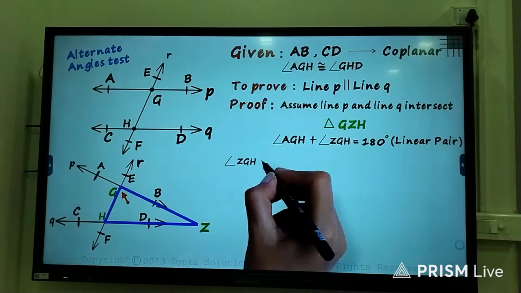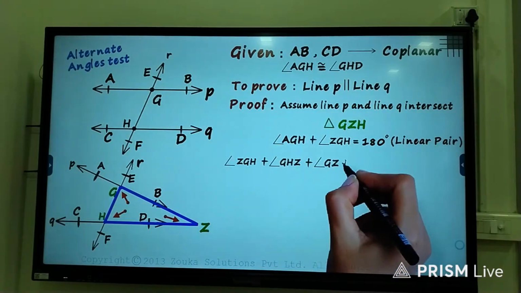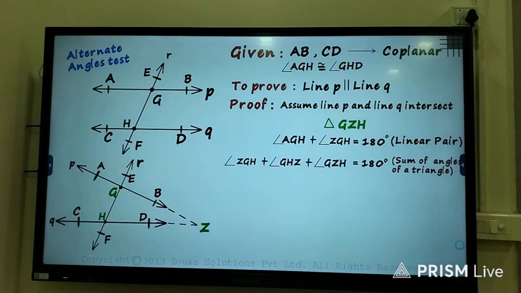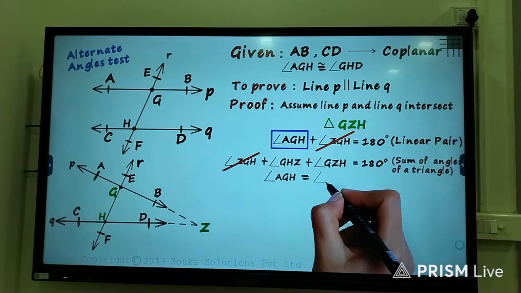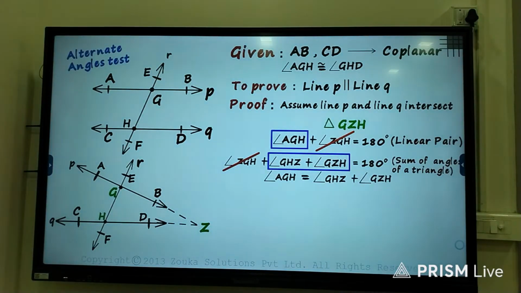Angle ZGH plus angle GHZ plus angle GZH will equal 180 degrees. Both these expressions equal 180 degrees. It means they are equal. Notice that angle ZGH is common to both the expressions, and so we can cancel it out. What we get is angle AGH equals angle GHZ plus angle GZH.